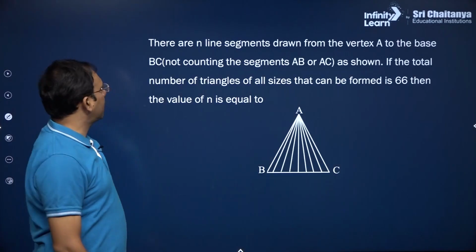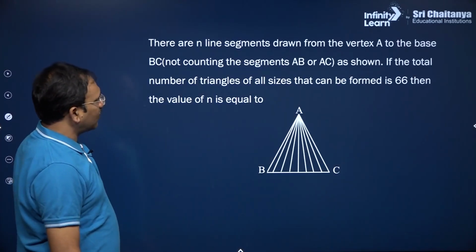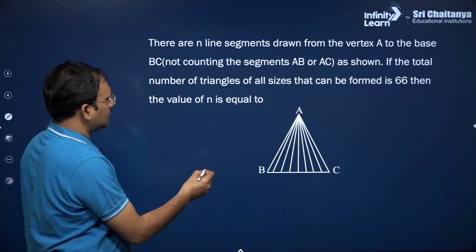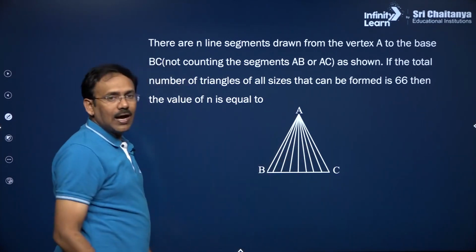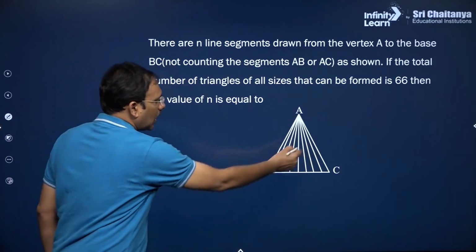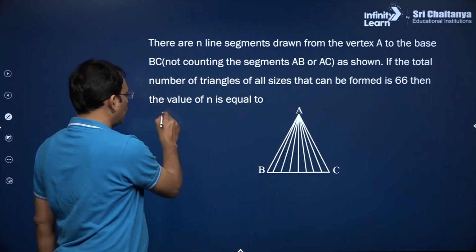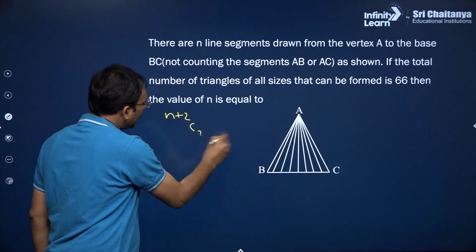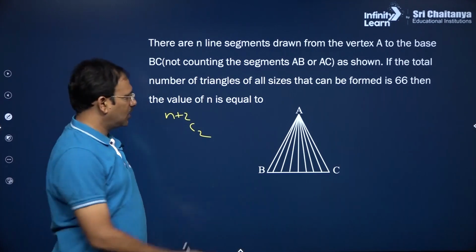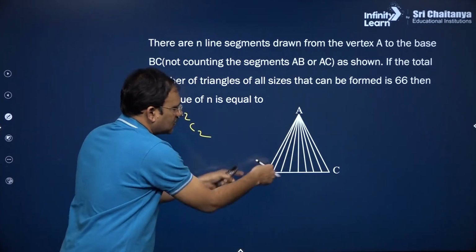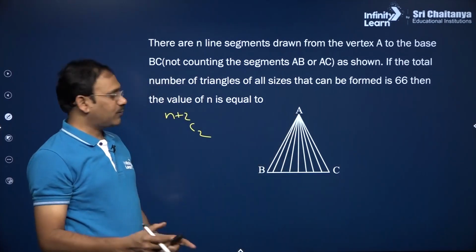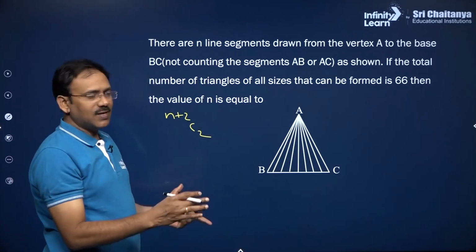That is all. Next, you see, friends, there are n line segments excluding AB and AC. How many triangles are possible means, out of these n plus 2 line segments, whenever you select 2, my dear friends, suppose you have selected this, this is the triangle. For every selection of 2 out of these n plus 2, you will get a triangle.